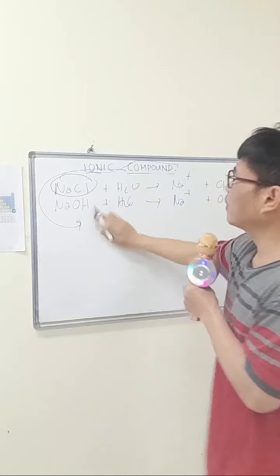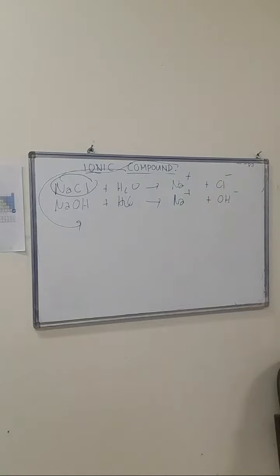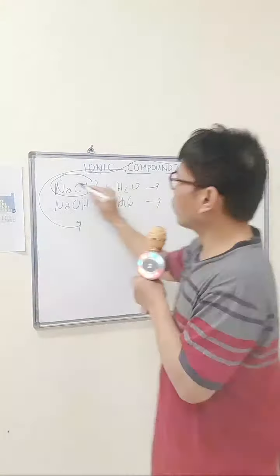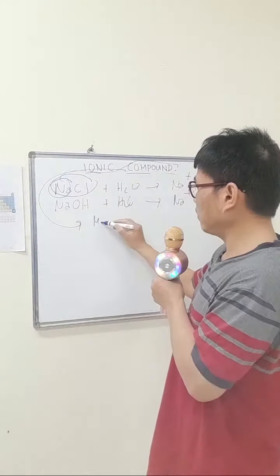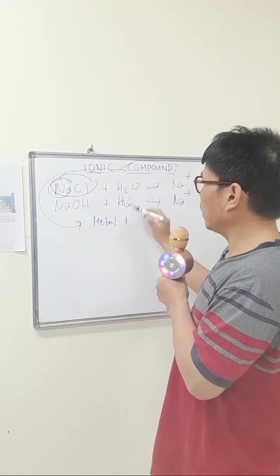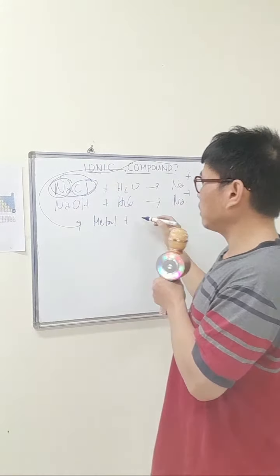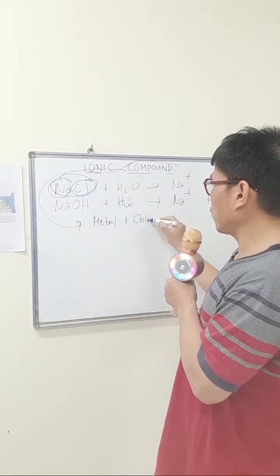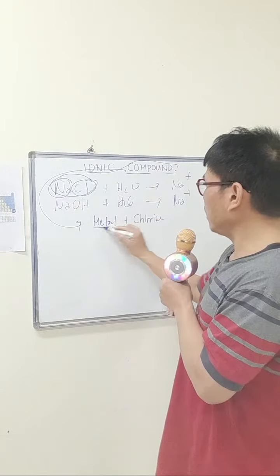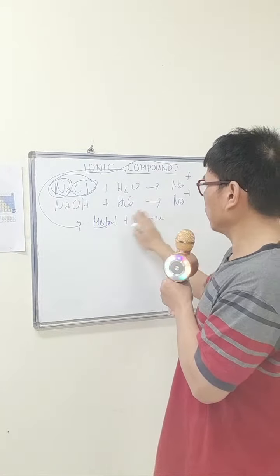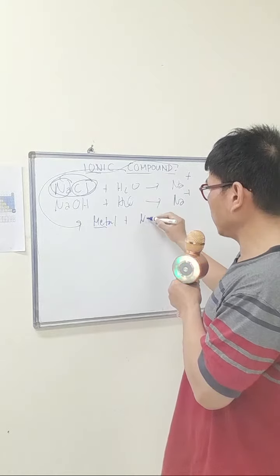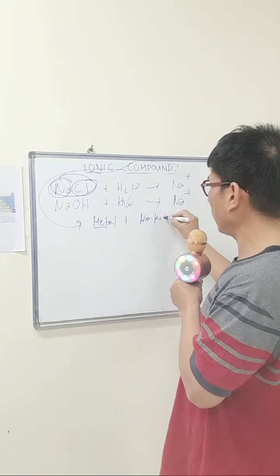Correct me if I'm wrong. Sodium is a metal, and chlorine is a non-metal. So, metal plus non-metal is our identification of an ionic compound.